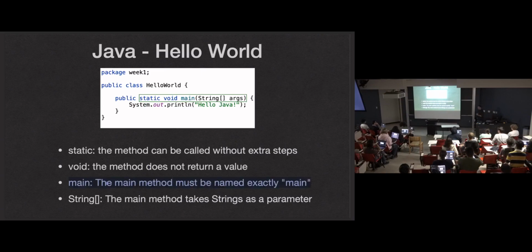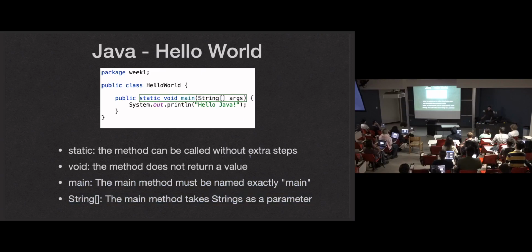And then the method name itself needs to be exactly main, all lowercase, M-A-I-N. If your main method is not named main, say you put a capital M there, Java's not going to know that it's meant to be a main method and it's not going to run it. And then string array. So the type of the parameter is an array of strings.